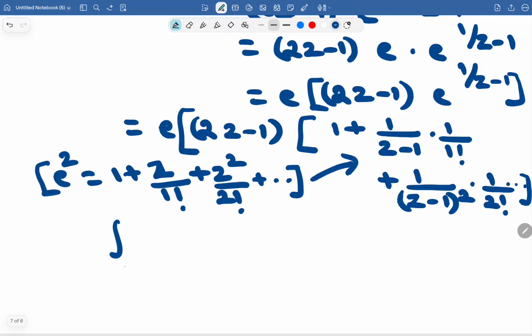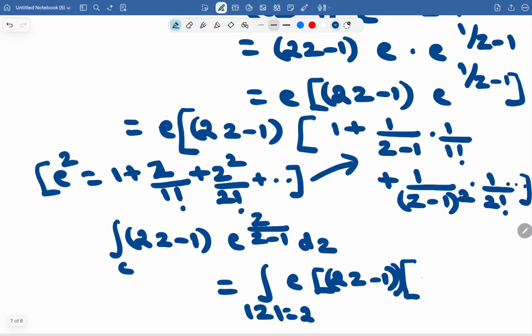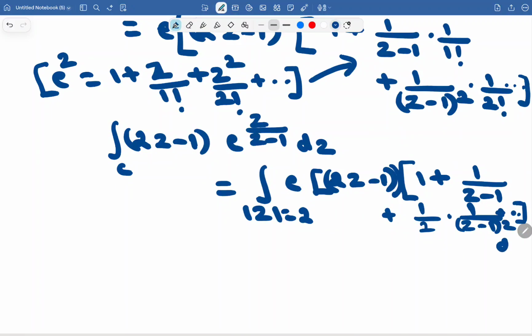Now find the integral value of (2z minus 1) e^z by (z minus 1) dz, that is, mod z equal to 2, e into (2z minus 1) times 1 plus 1 by (z minus 1), since 1 factorial is 1, plus 1 by 2 into (1 by (z minus 1)) whole square, into dz.